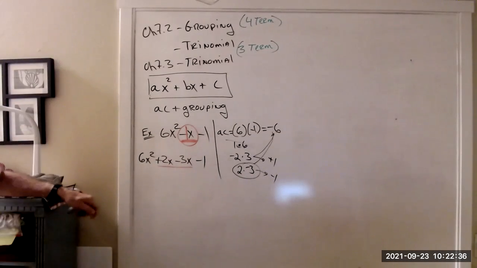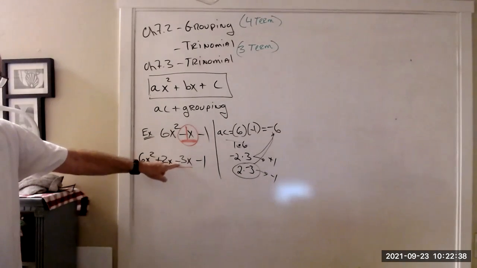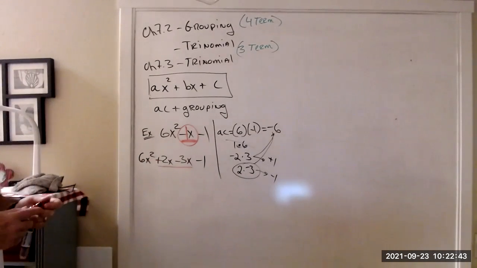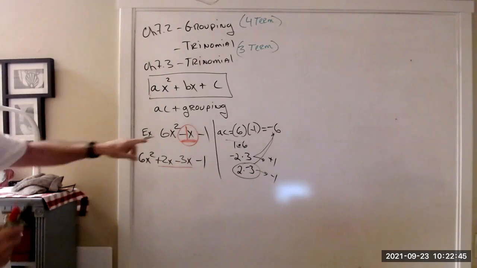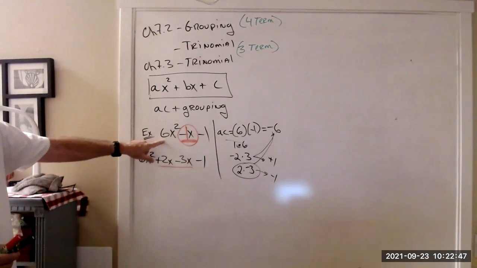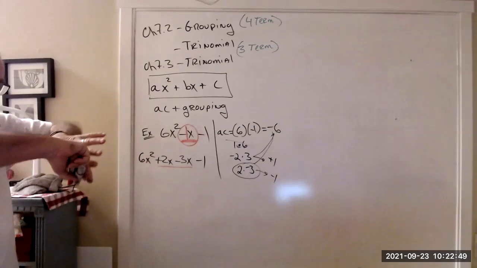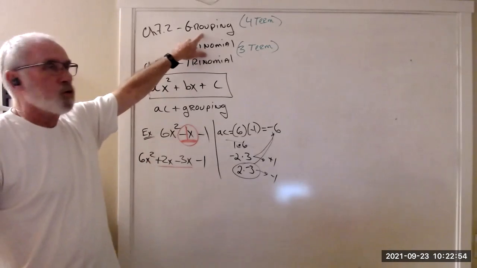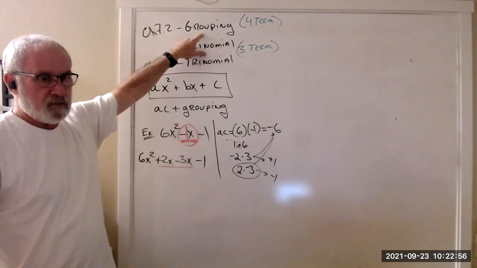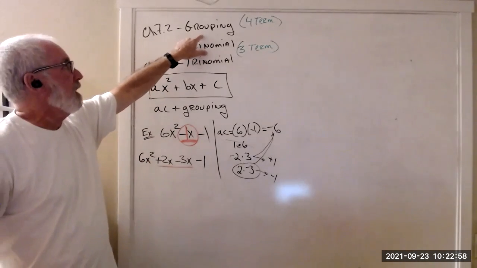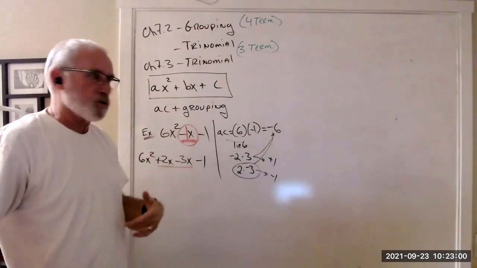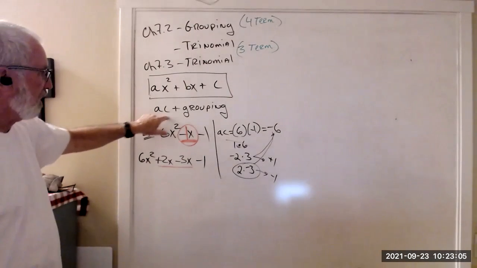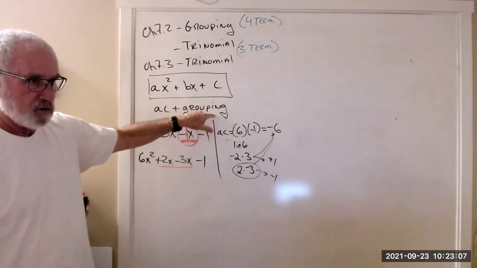It still is negative 1, but we're kind of rearranging it. At this point, notice what we did. We took a trinomial, broke it apart, stretched it out into a grouping problem. Now you fall back and you use your grouping. That's why I said to factor a trinomial, we use AC plus grouping.